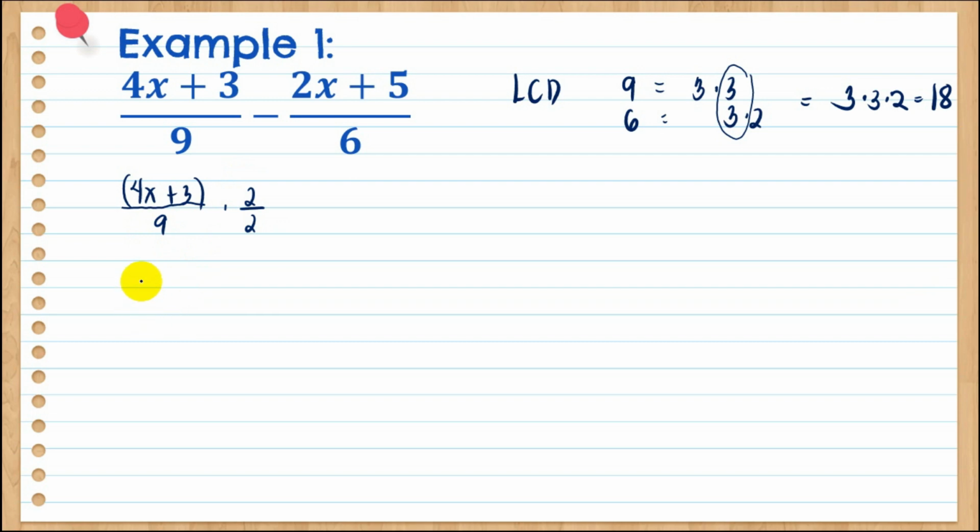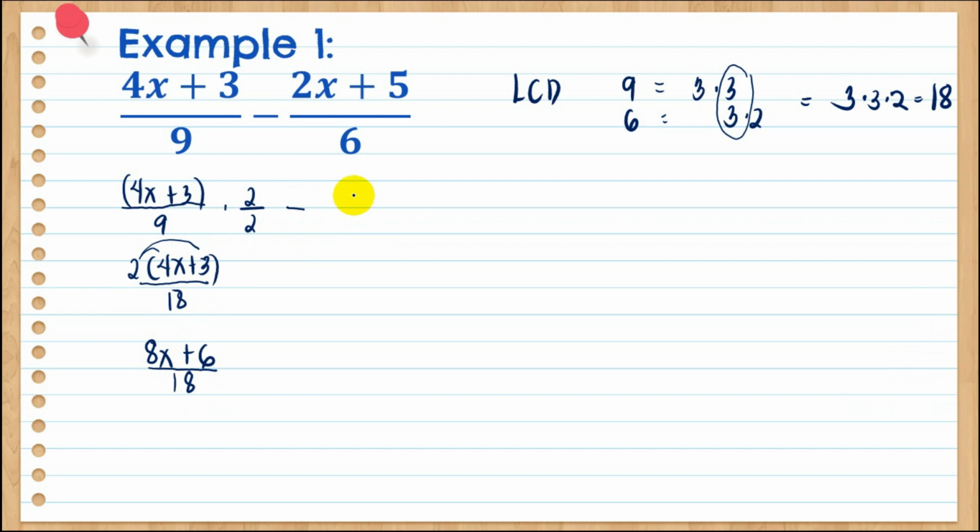That will make our denominator 18, and we have to multiply 2 to our binomial, 2 times (4x + 3). That means yung 2 imumultiply natin sa 4x, imumultiply din natin sa 3. That is distributive property. The resulting numerator will be 8x plus 6. Again, 2 times 4 is 8, 2 times 3 is 6, and the denominator now will be 18.